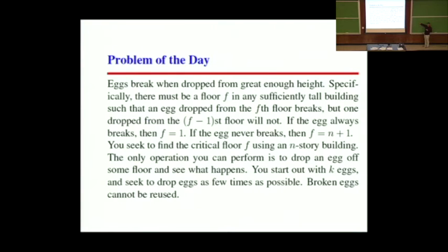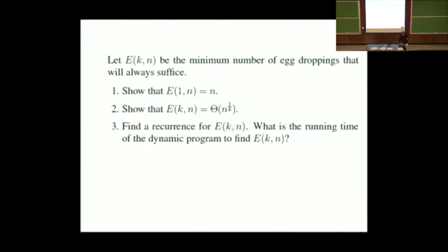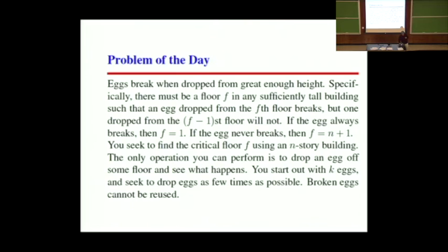Okay? So it should be clear that if I am trying to figure out, I think I set up some notation here. What was my notation? Let E(k,n) be the minimum number of droppings that will suffice. It should be clear that we have just proven that E(1,n) is going to be n, right?